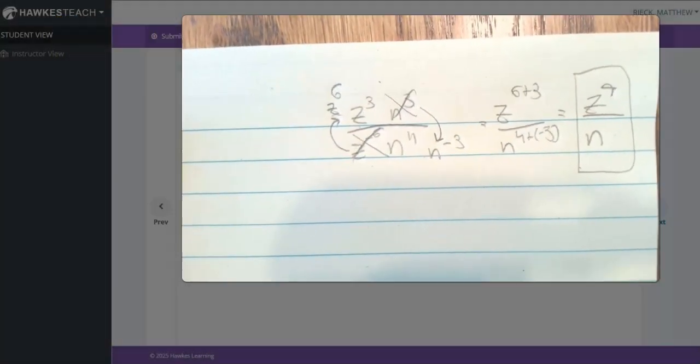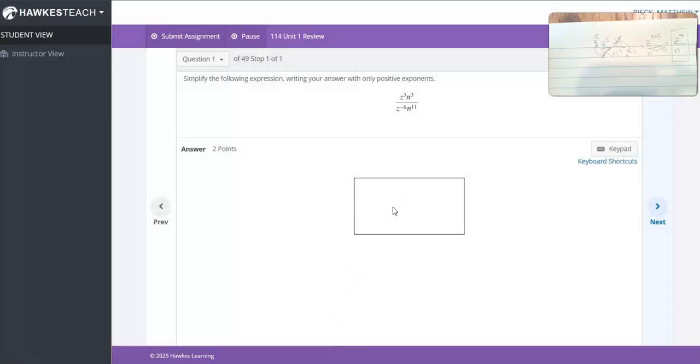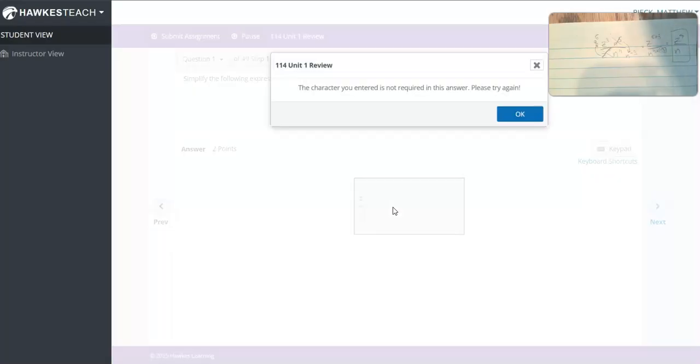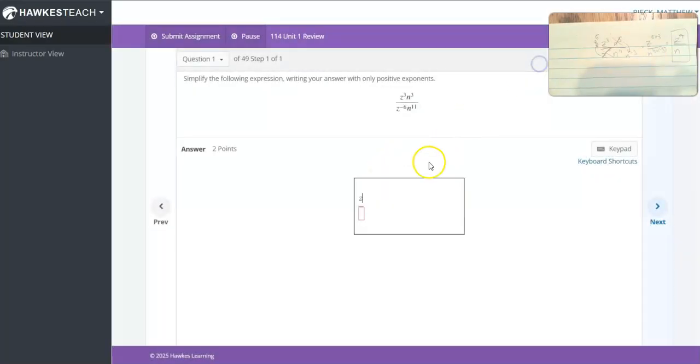Which, just doing the arithmetic here, ends me up with z to the 9th over n to the 1st, or simply n. So z to the 9th over n. Alright.